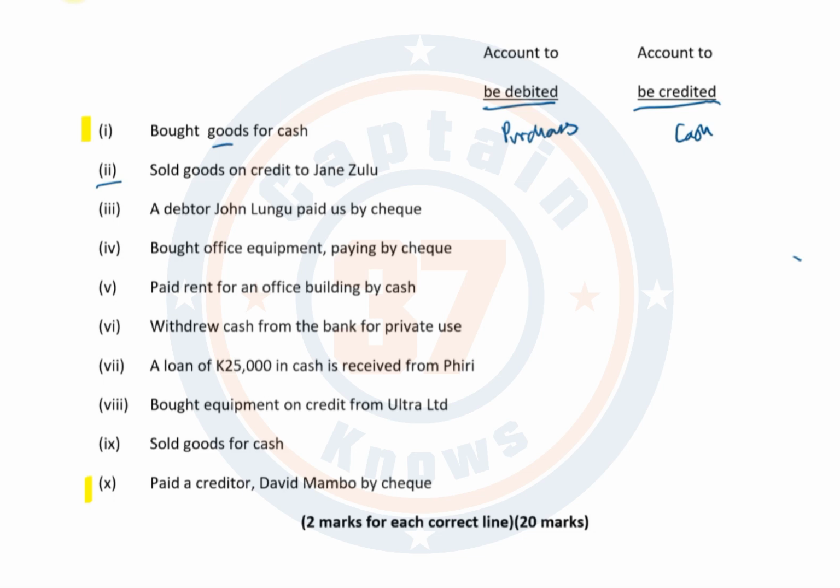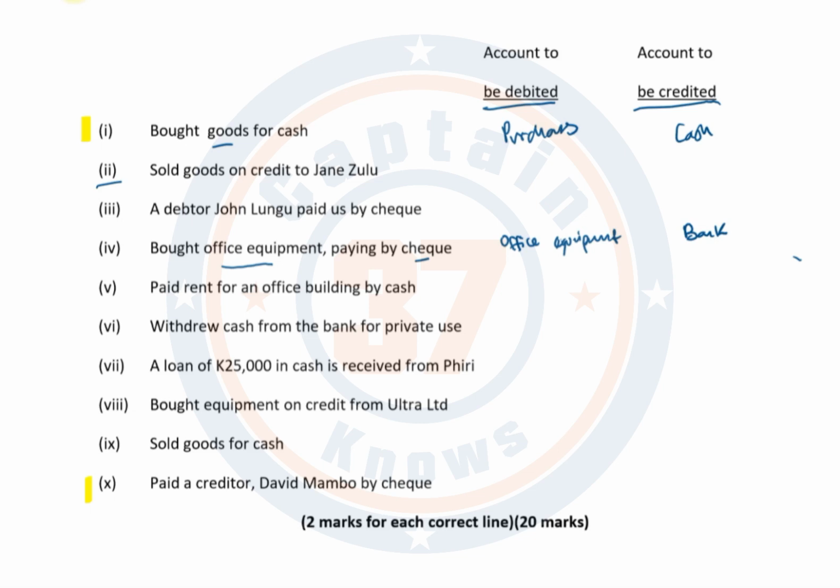But when it is very specific, for example, here it's saying bought office equipment, therefore what you're going to indicate here is office equipment. You will not say purchases because you've been told it's office equipment. And when it says check, you're going to write bank, because a check is paid through the bank.